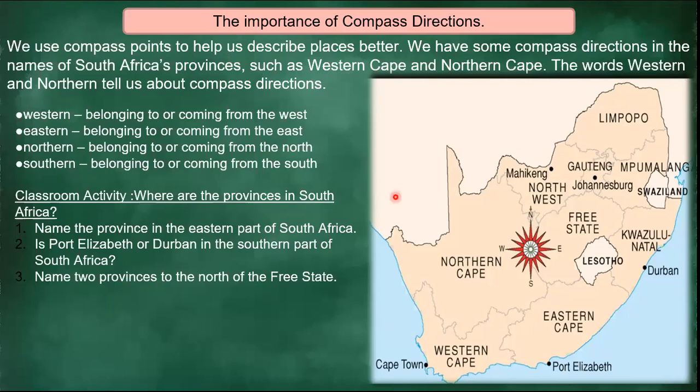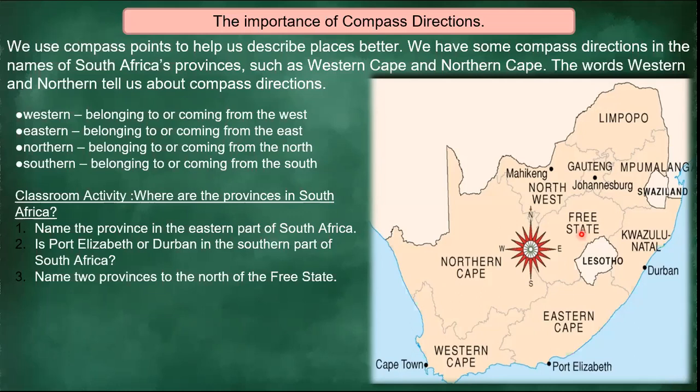Where is the Free State? We are looking at Free State now. The Free State is in the east. It is in the east, yes. No, the Free State is in the north. Yes.